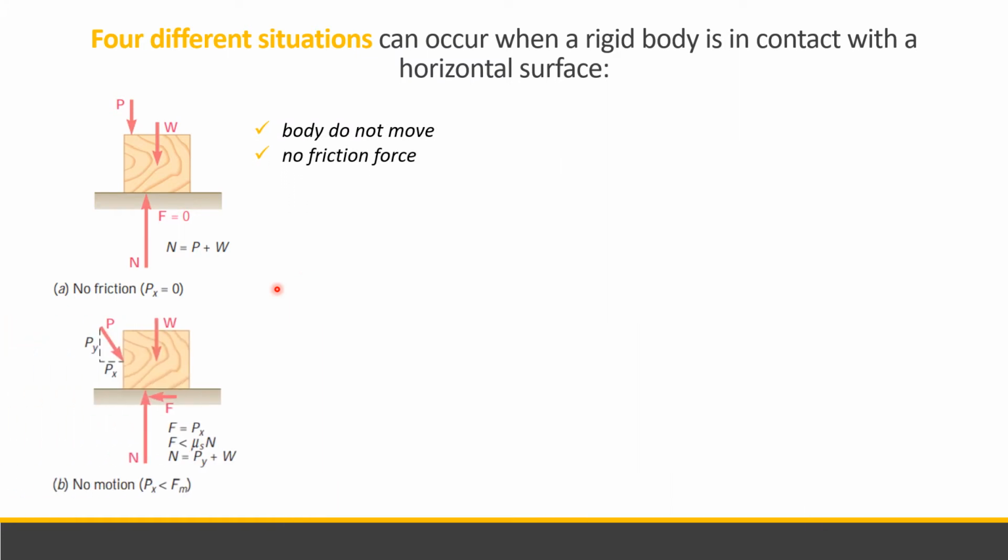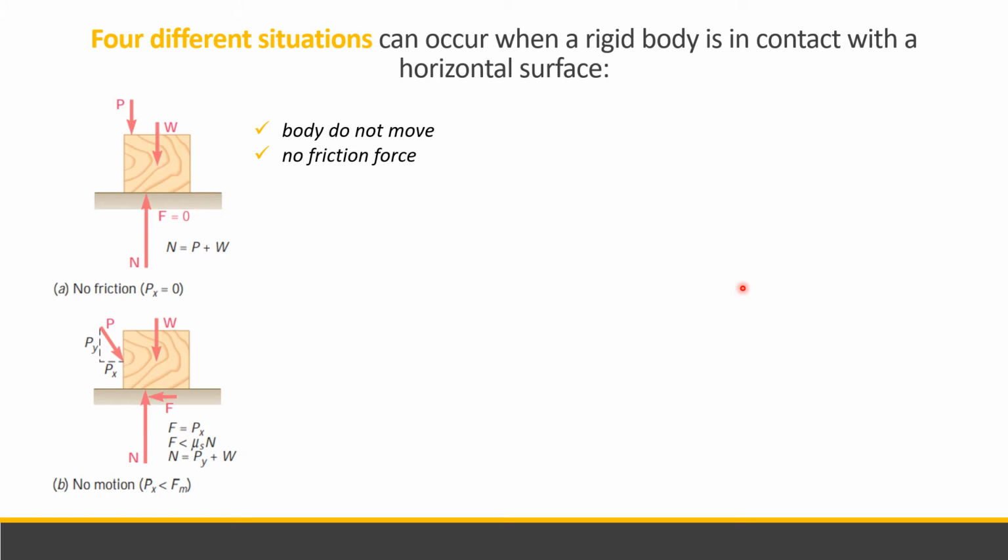Now, the second situation is the applied forces tend to move the body, but it is not actually in motion. So it's a slight push, or you are just leaning.